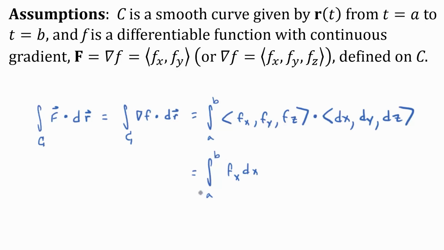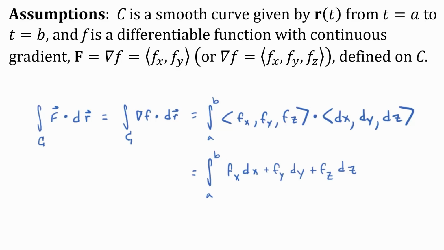So you can make it your integral from a to b, t equals a to t equals b. Do the dot product, f sub x dx plus f sub y dy plus f sub z dz. And this is really just differential form all over again, right? I didn't have to derive all this again, but it doesn't hurt to see it twice.